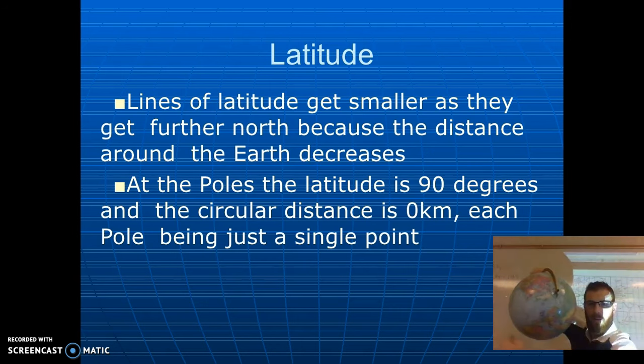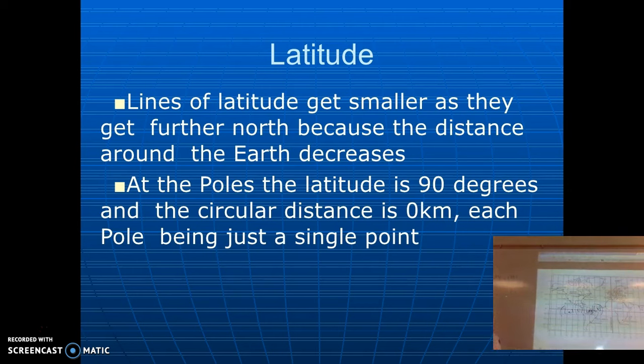So here is wider than right here. It takes a smaller distance to encircle the globe that way. That's what I mean by lines of latitude get smaller as they go up towards 90 degrees in either direction. You can see the Antarctic here. At each pole, the latitude is 90 degrees, and the circular distance is 0, so it's just a point.